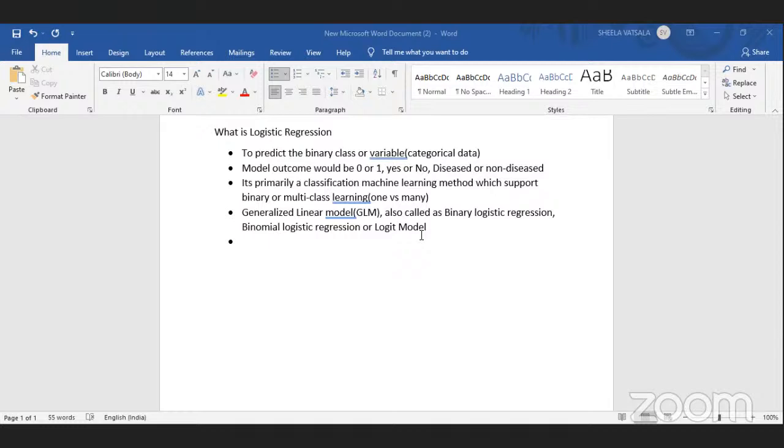For example, logistic regression does not return a class of observation, but it estimates the probability of the class membership.